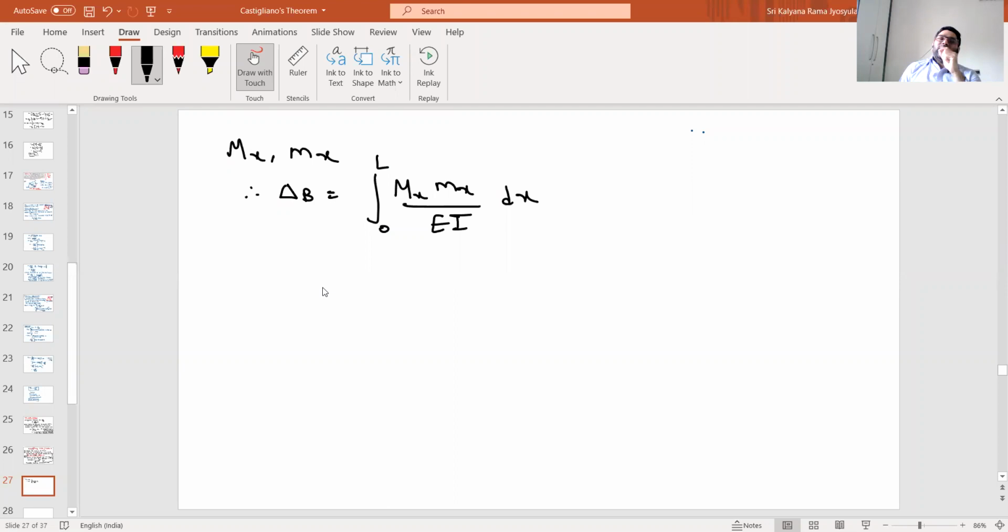The only difference you are trying to observe is that you calculate the moment as it is, but additionally you solve one more step by applying the unit load at the point where you need to calculate the deflection. So this is almost looking like Castigliano's theorem with a small difference. With this understanding, we will try to solve the problem.